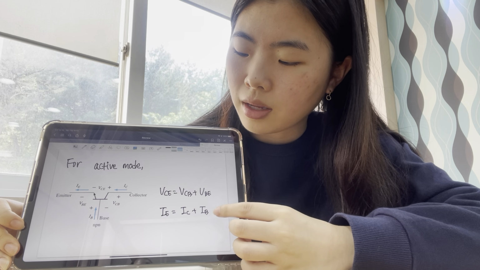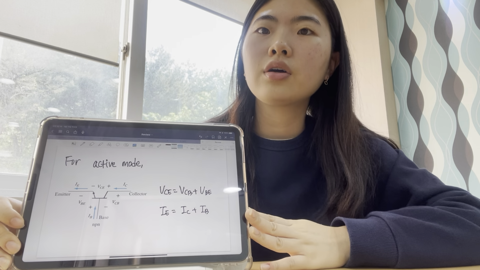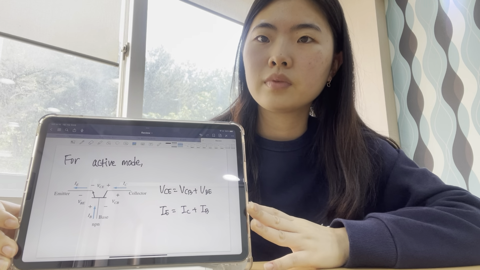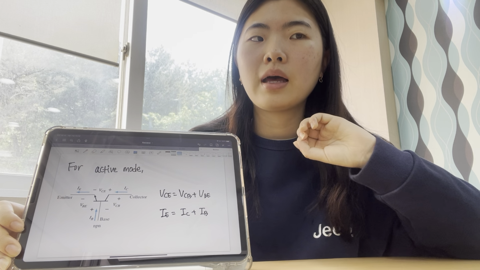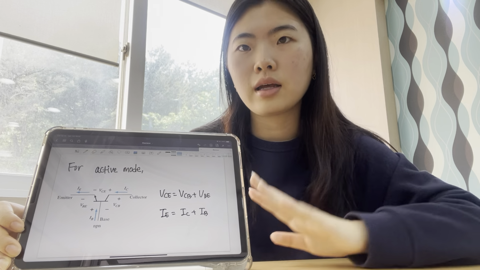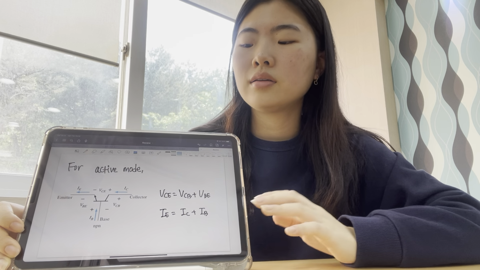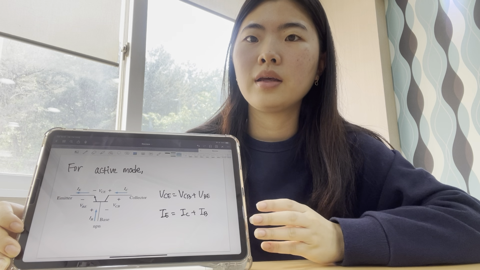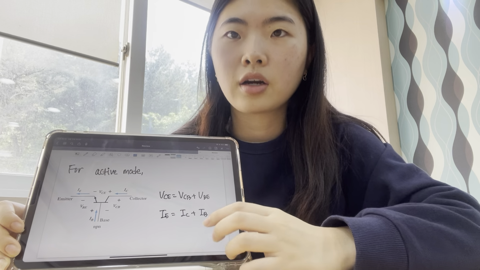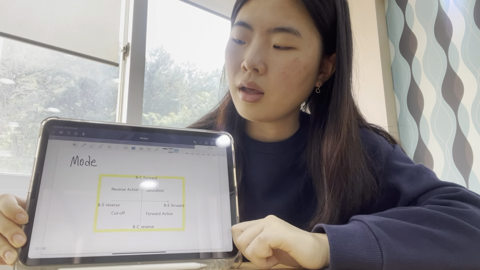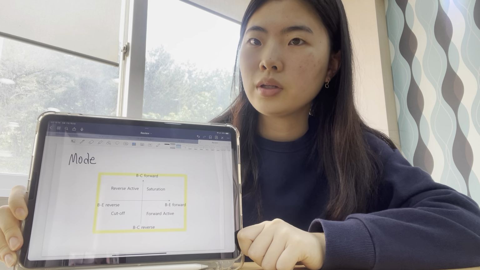So emitter current is equal to collector current plus base current, because the emitter emits the electrons to the base and collector, so that current will be the sum of the base and collector currents. And there are types of BJT mode.